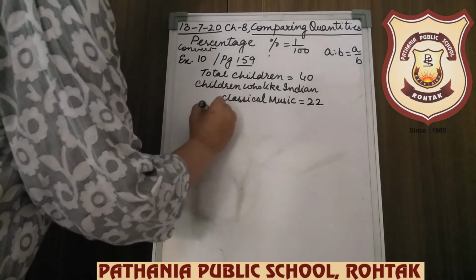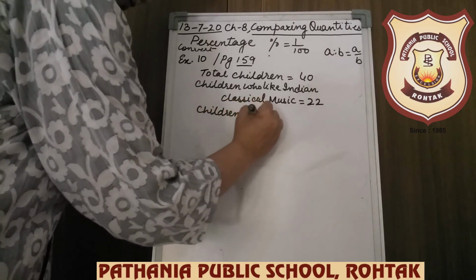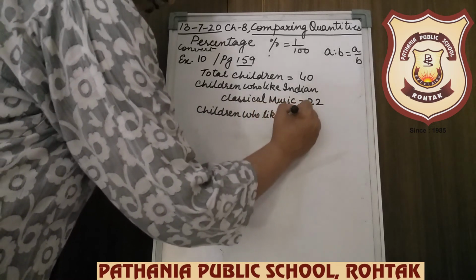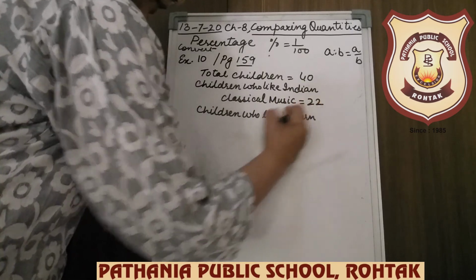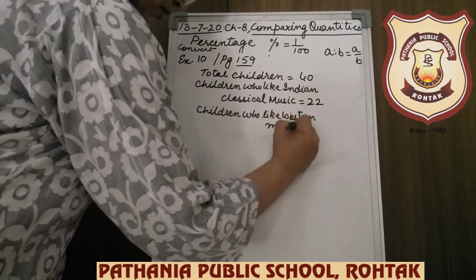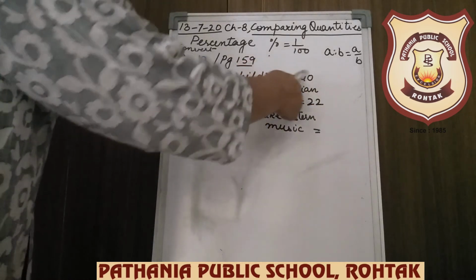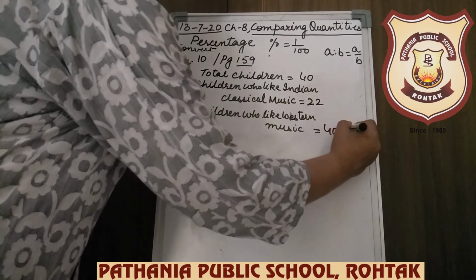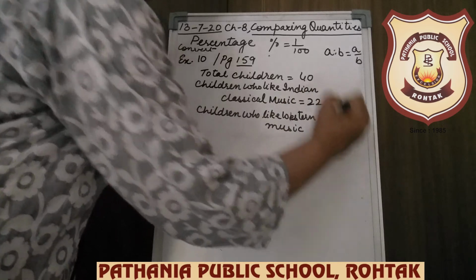The children who like Western music will be equal to total minus the classical. 40 minus 22, so it becomes 18.